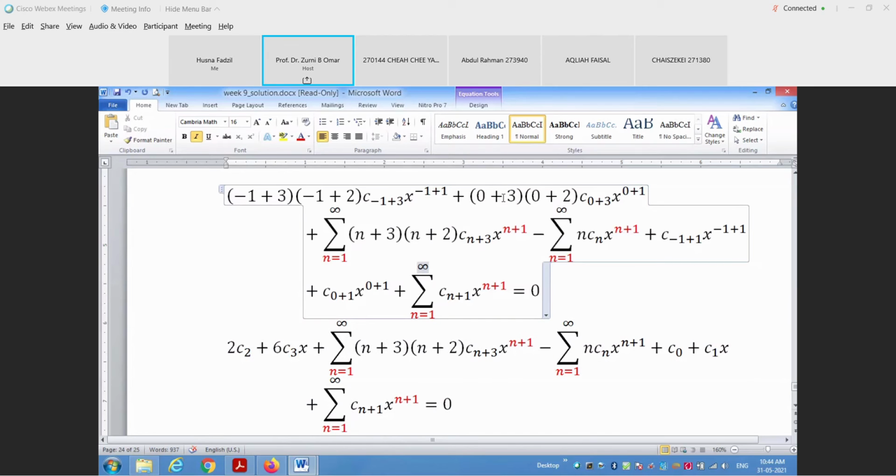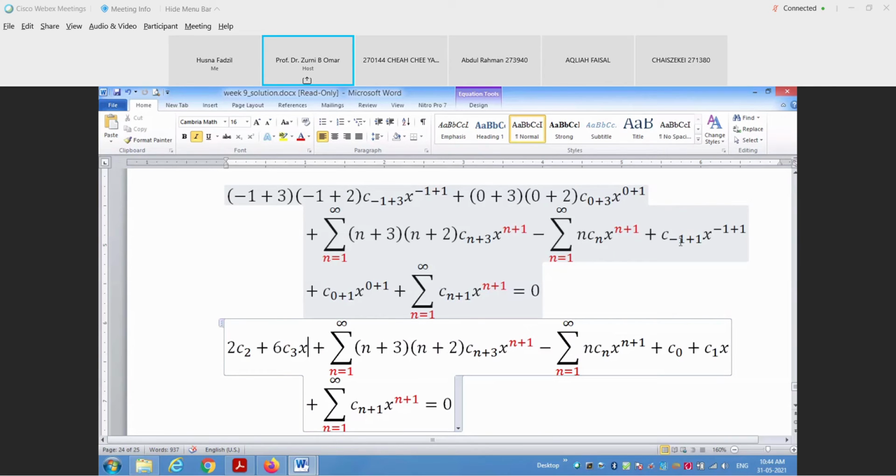Here 0 plus 3 is equal to 3, 3 times 0 plus 2 is equal to 2, 3 times 2 equals 6, and 0 plus 3 is equal to 3, so this one will be c_3. X to the power of 0 plus 1 will be x. The first term you get is 2c_2, and the second term for the first summation we get 6c_3 x. And this one remains unchanged.